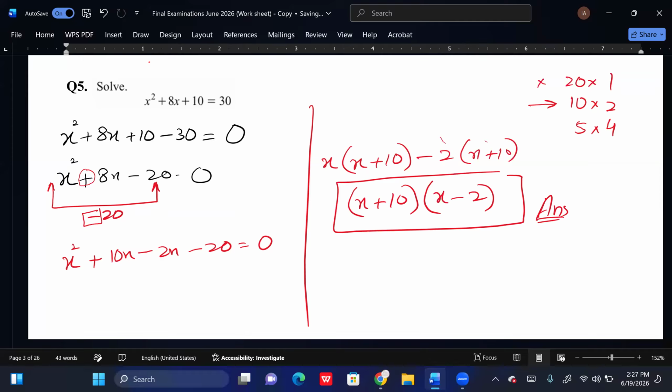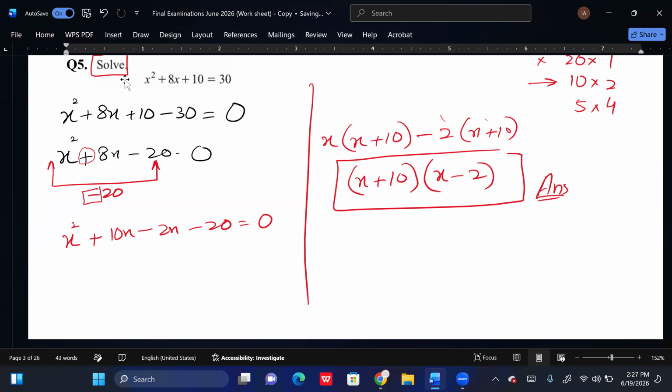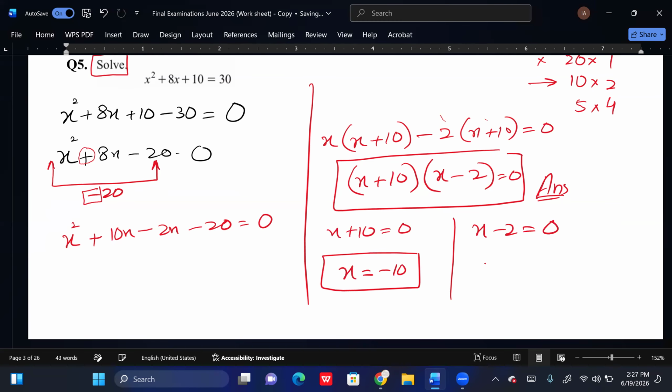But the question is, they asked me to solve. I can't stop here. I have to move further. I need to find the values of x. So what do we do then? We will break them into two. So it's going to be x as negative 10. That's the first value of x. And the other value of x is 2. So the first answer is x is minus 10. The other answer is 2.